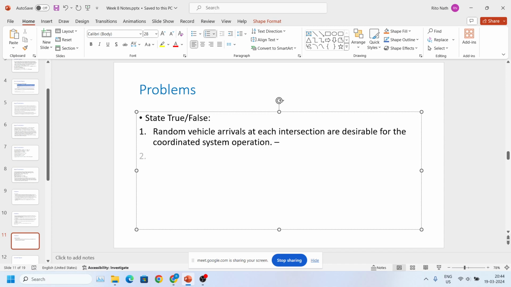Next is: longer cycle lengths may result in vehicles in turnways backing up into through lanes.